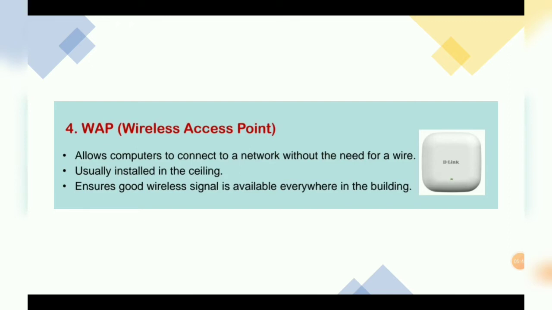It is also used in schools because schools are very big and not every classroom can get the signal. So it ensures that every classroom gets a good signal. Not only classrooms, but all big companies use WAPs. And even some people use them at home where the range of the internet is not good.